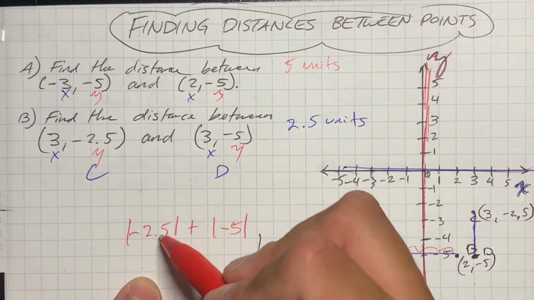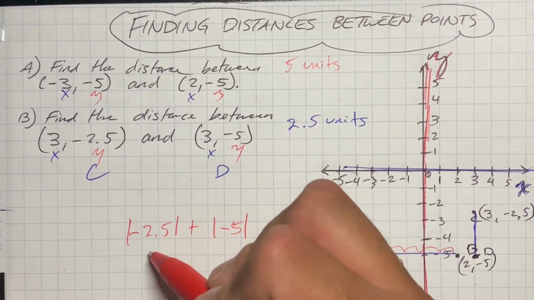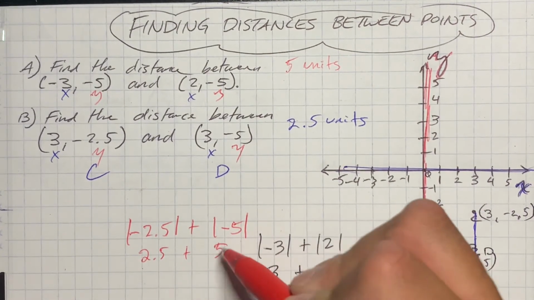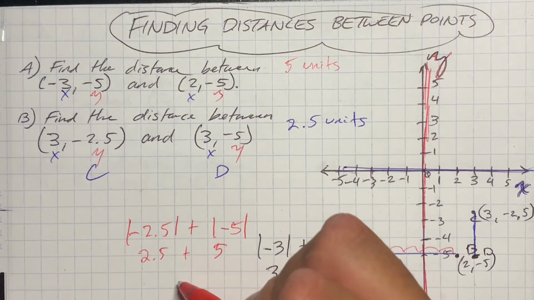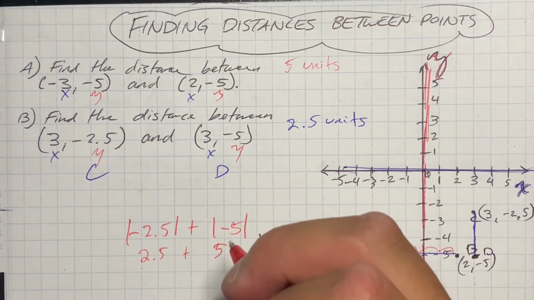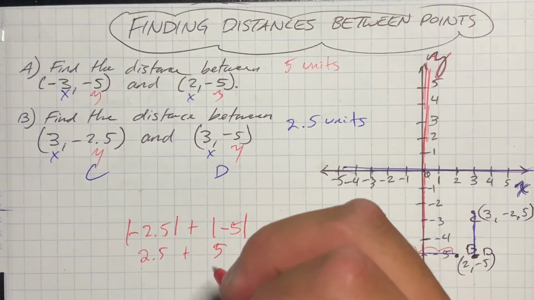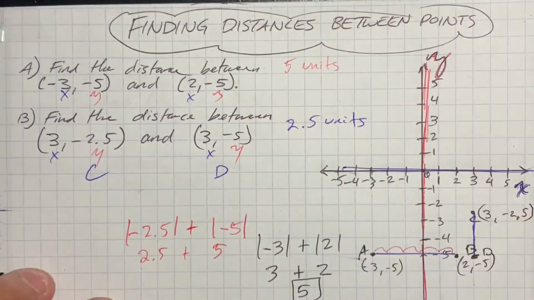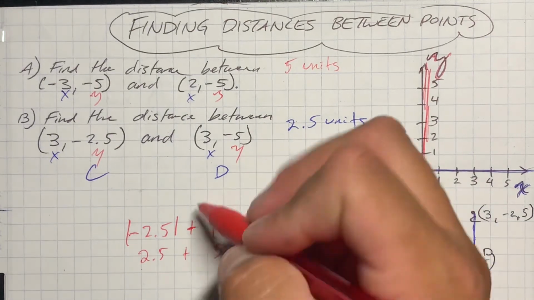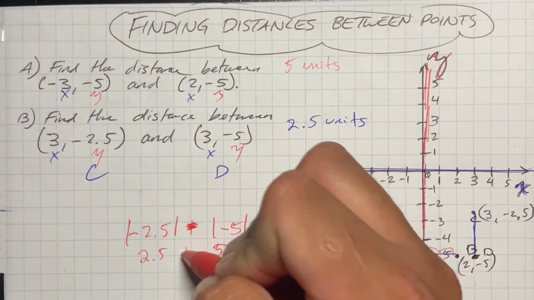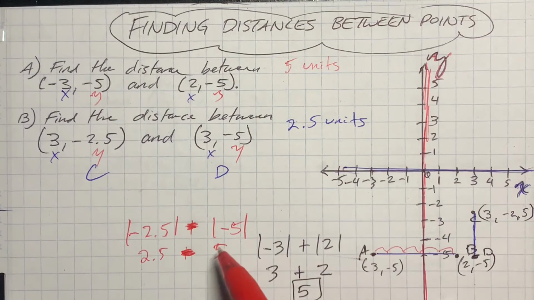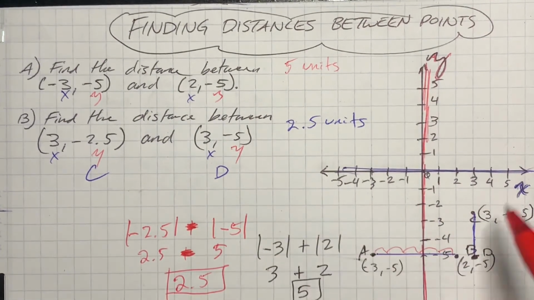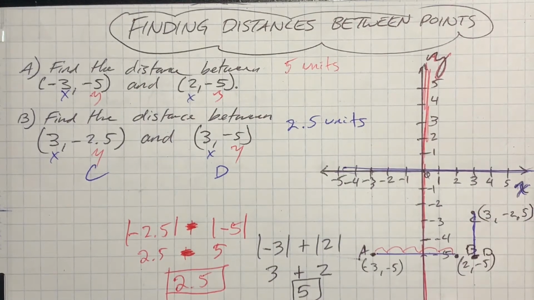The absolute value of -2.5 is going to be +2.5, and the absolute value of -5 is 5. 5 plus 2.5 is going to be, let's see here. Actually, a minus. I'm sorry, I made a mistake. This is actually takeaway. So we just got to subtract. So 5 take away 2.5 is going to be 2.5. All right, because it has 2.5 spaces from there.